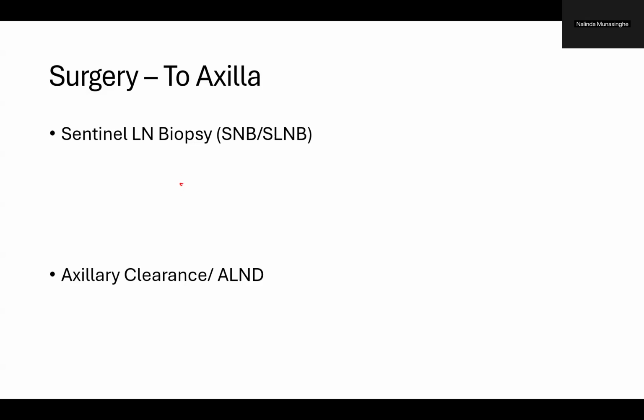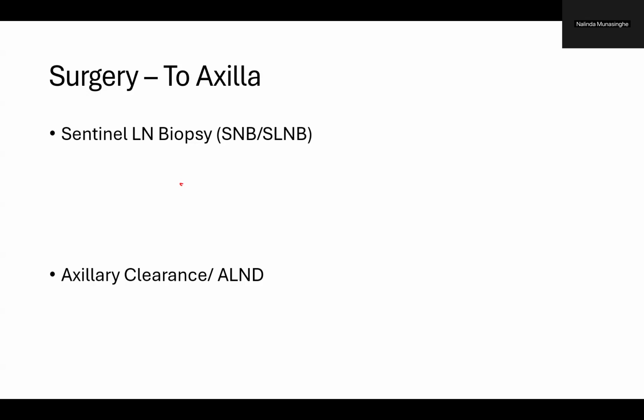The problem is axillary dissection or axillary lymph node clearance gives a lot of morbidity to the patient. The chance of developing ipsilateral lymphedema of the upper limb is more than 45 to 50% for the next 5 years in those who have undergone a level 2 clearance, right? Whereas if I compare with the sentinel lymph node biopsy, the risk of developing lymphedema in the ipsilateral upper limb is only 10 to 15%.